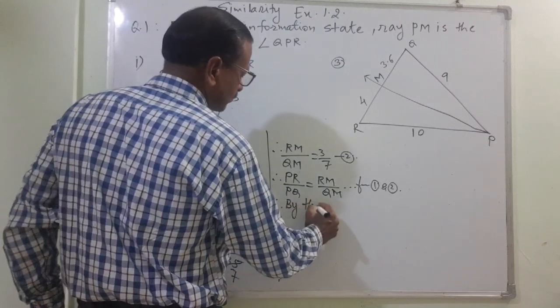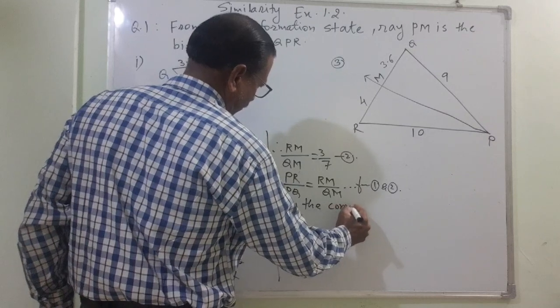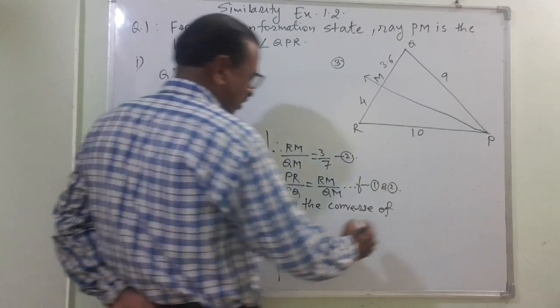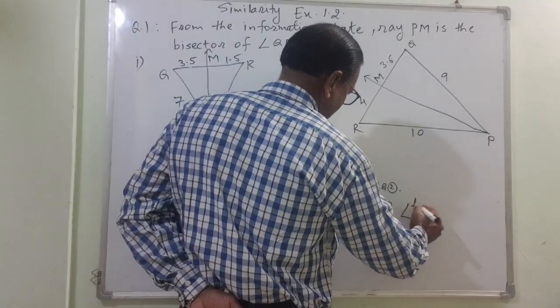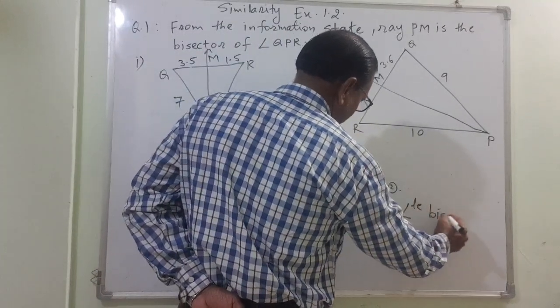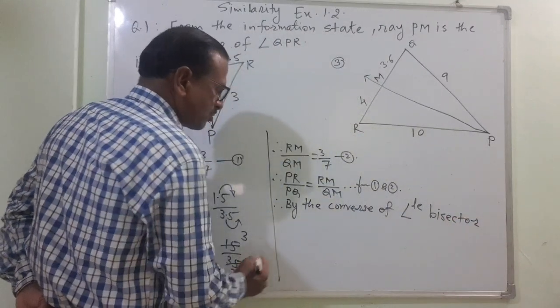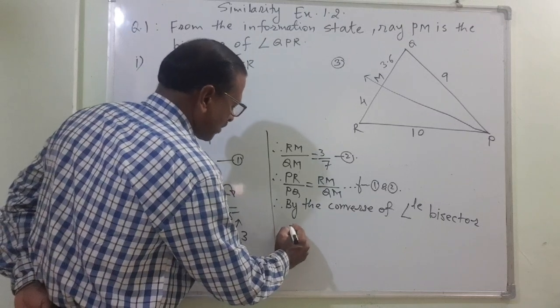of angle bisector property. Angle bisector property or theorem, whatever you want to say, you say. Angle bisector property.